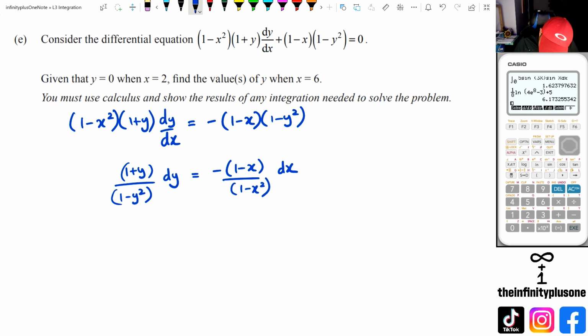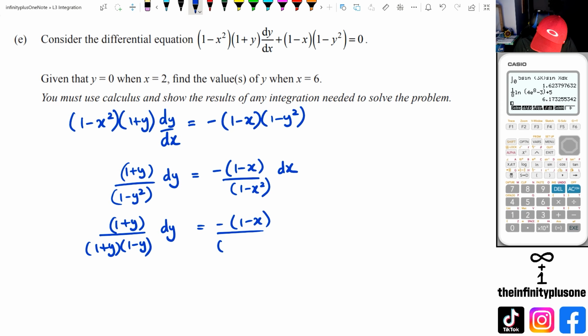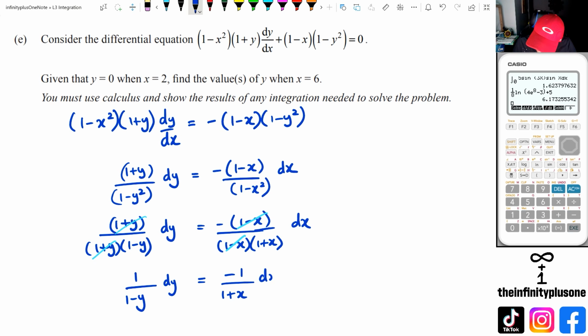Now I can factorize the denominators here, because this will become (1 plus y)(1 minus y), and here I'm going to get (1 minus x)(1 plus x) dx. So at this point I can cancel these two, cancel this, and I'm left with just 1 over (1 minus y) dy equals negative 1 over (1 plus x) dx.